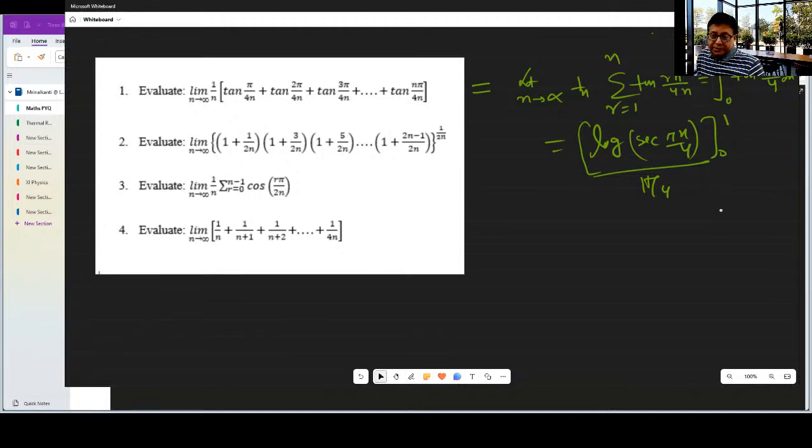Just put upper limit minus lower limit. 4 by pi log of sec pi by 4, x is 1, minus log of sec 0, put 0 over there, sec 0 is 1, log 1 is 0.